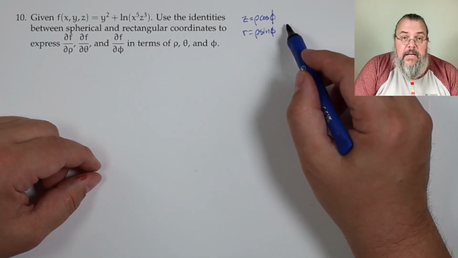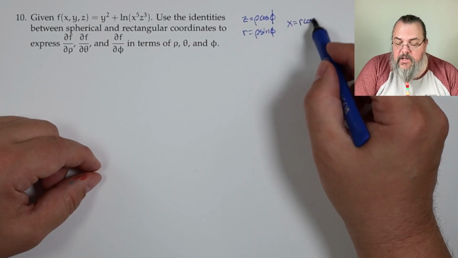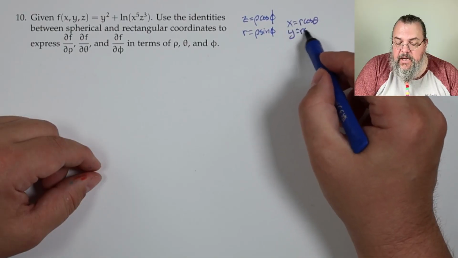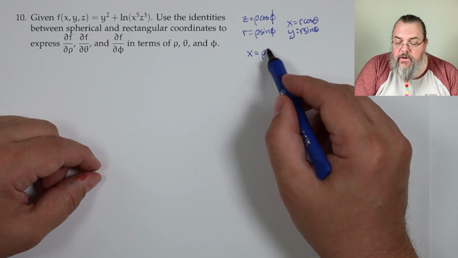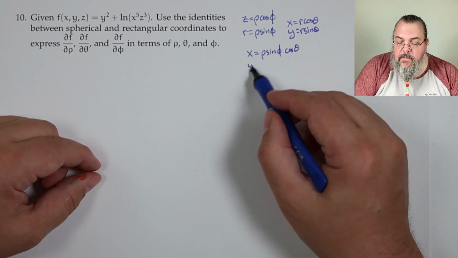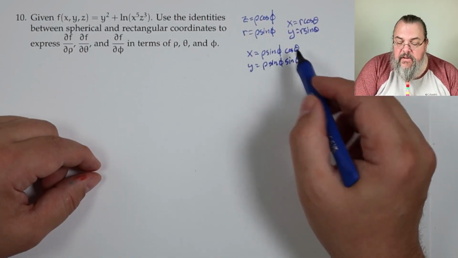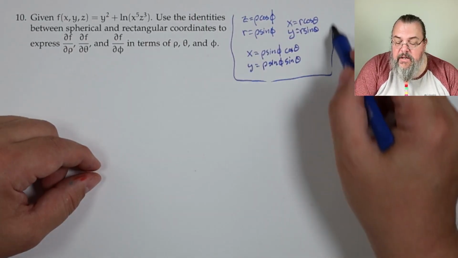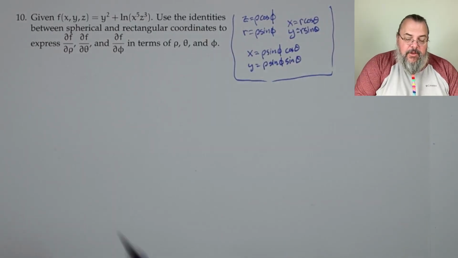And then if you combine that with x equals r cosine theta, y equals r sine theta, you get to the conclusion x is rho sine phi cosine theta, and y is rho sine phi sine theta. So this is hanging over everything. Okay, so method 1.